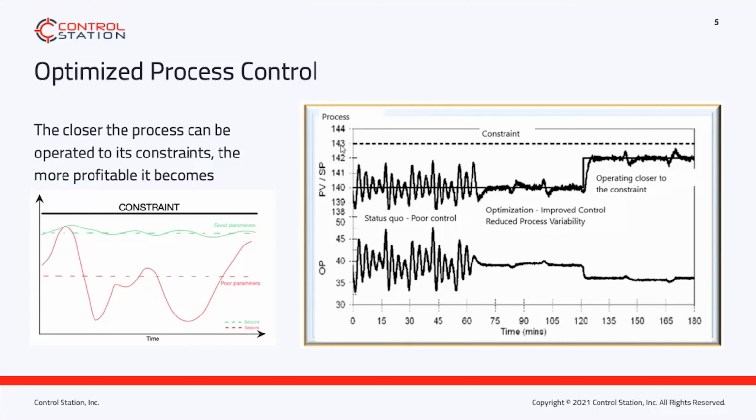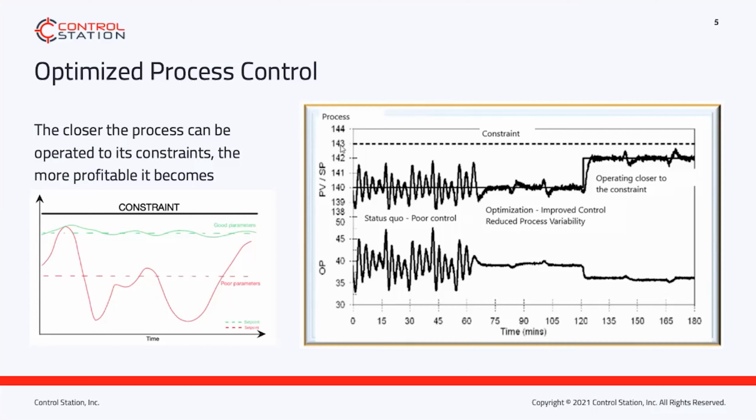When they analyzed the system closer, looking at the entire process and considering the process dynamics, they discovered that there was a level controller on a reboiler in a column upstream of the distillation column, and the level in this reboiler was oscillating.